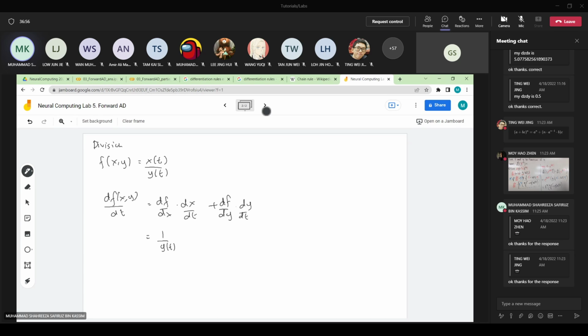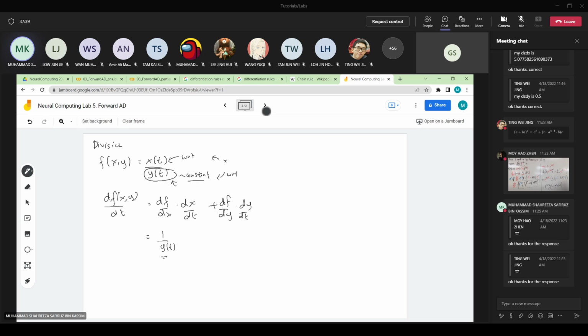Because when we are finding the derivative with respect to one particular variable, we'll always treat the other term as some constant. That is the key here, and that's why we can arrive at this conclusion. So when we are differentiating with respect to x, we'll treat y as a constant. When we're differentiating with respect to y, we'll treat x as constant, and so forth.